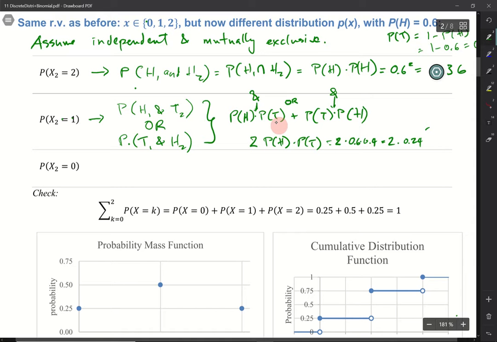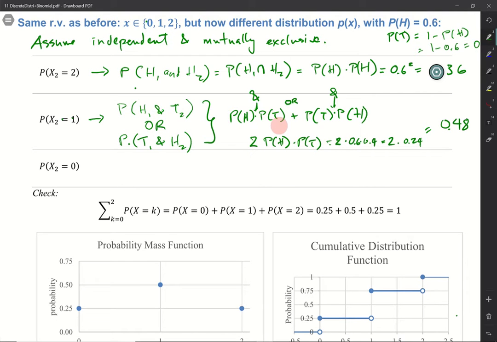So this equals 0.48, right? I think. Right? Does that make sense? Okay.